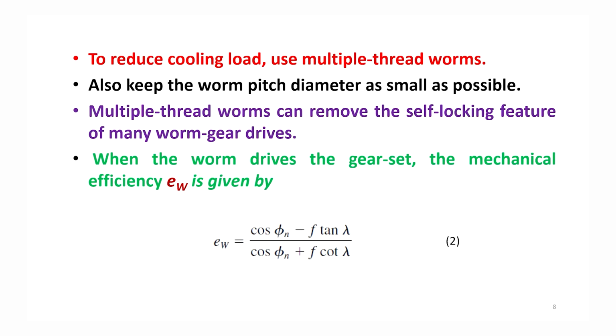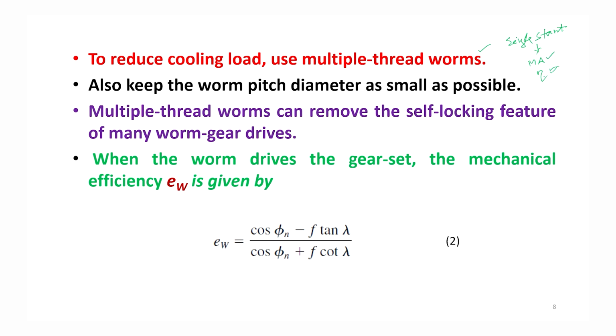To reduce cooling load, use multiple thread worms, because if we have a single start thread, then we get high mechanical advantage but low efficiency. With more number of threads or starts on the worm, the mechanical advantage decreases but the efficiency increases.